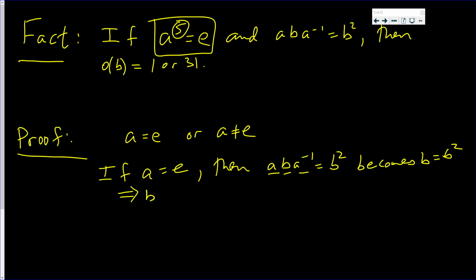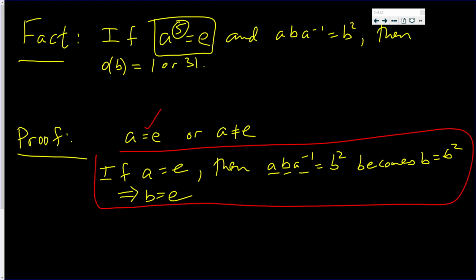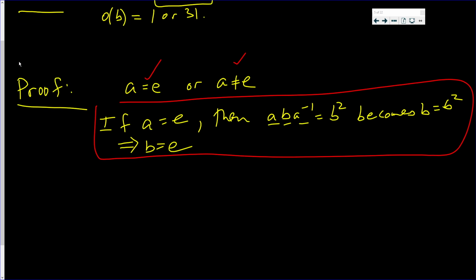But that implies that b is the identity, because if I cancel b on the left side of the equation and do the same on the right hand side, I get e equals b, or b equals e. Okay, so this is what happens if a equals e. Now we're going to look at when a is not equal to e.